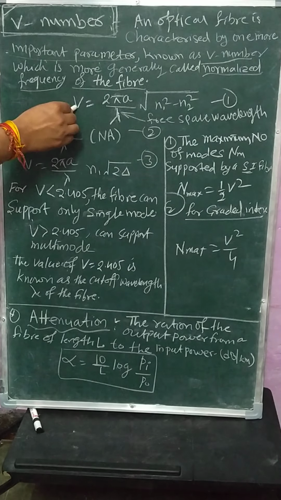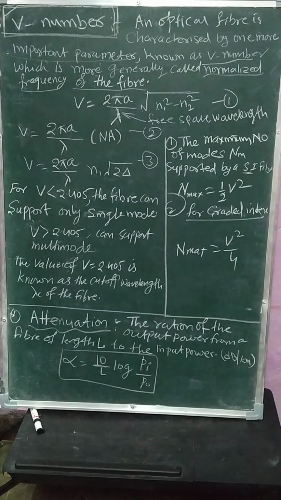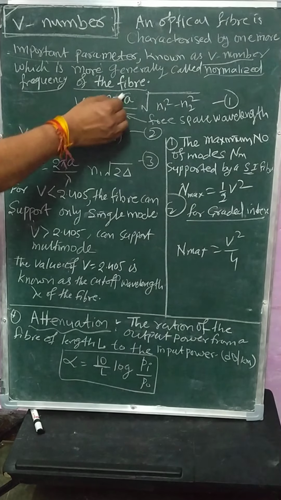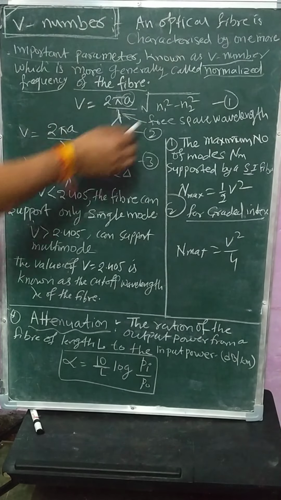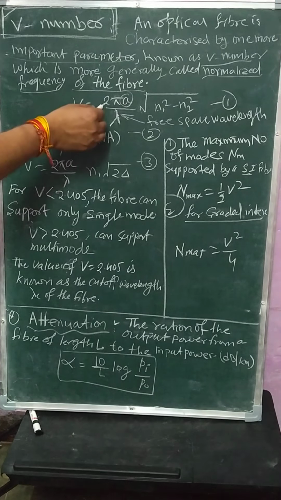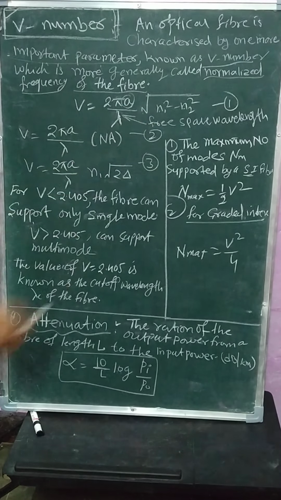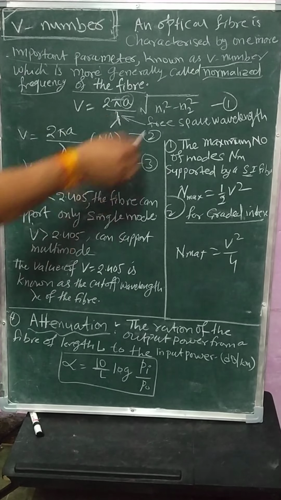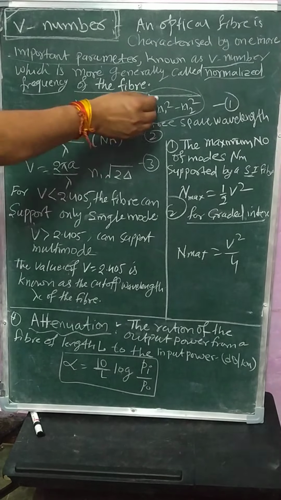We represent V equal to 2 pi upon lambda a root over n1 square minus n2 square, where a is the radius of the core, already mentioned in the previous diagram, and lambda is the free space wavelength. 2 is a numerical value, pi is a constant, n1 is the refractive index of the core, n2 is the refractive index of the cladding. This quantity was already discussed in previous cases. This is called the numerical aperture.